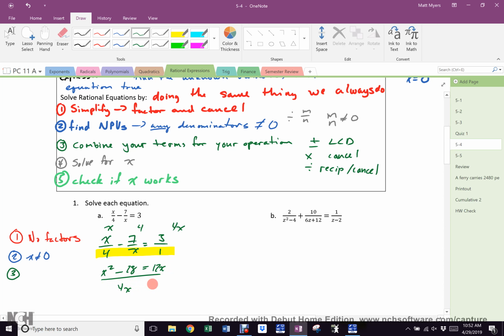Now, stop and think back to grade 3. Once everything is over the common denominator, do we ever need it again? Do we need it again to do the work? No. If I had 1 over 6 plus 3 over 6 plus 7 over 6, do I need that 6 again to do the work? Because what's the answer here? 11 over 6.